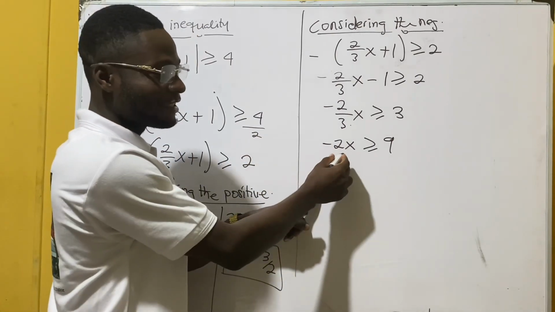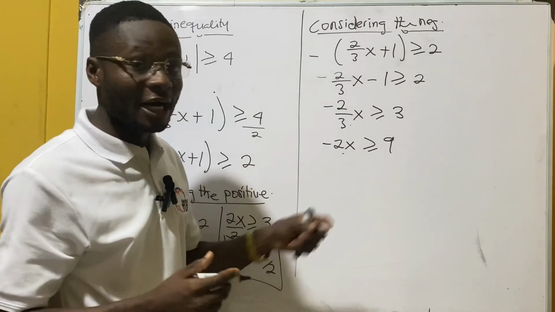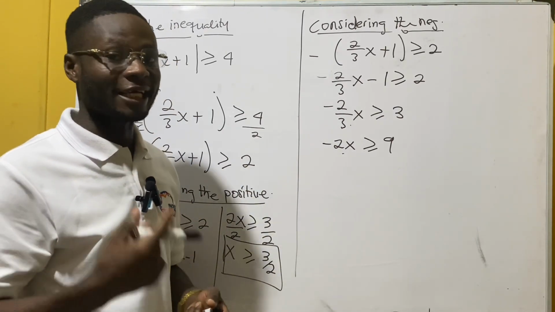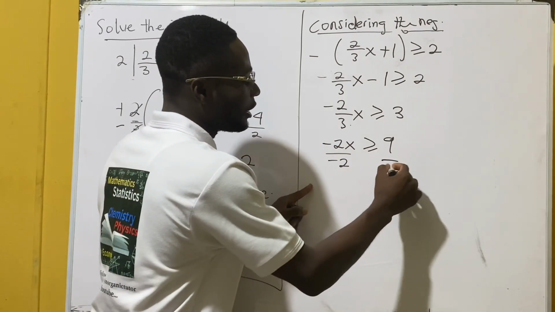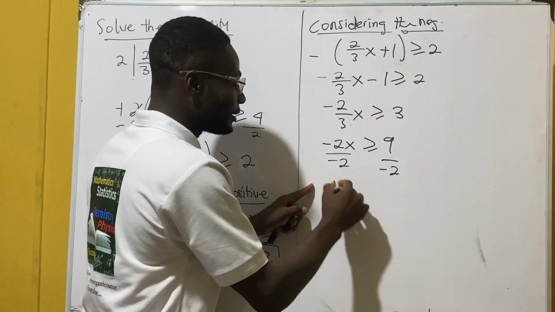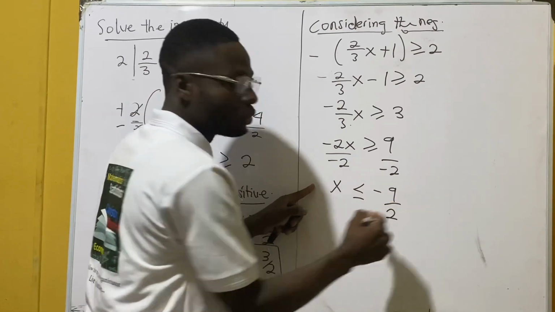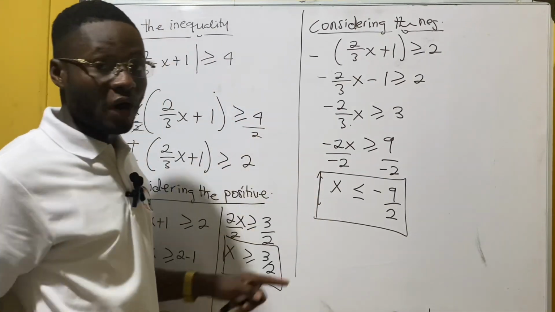Now with an inequality, once you divide by a negative sign, the sign changes from greater than or equal to, to less than or equal to. So here we divide by negative 2, negative 2. So we have x less than or equal to negative 9 on 2. This is the other value for x.